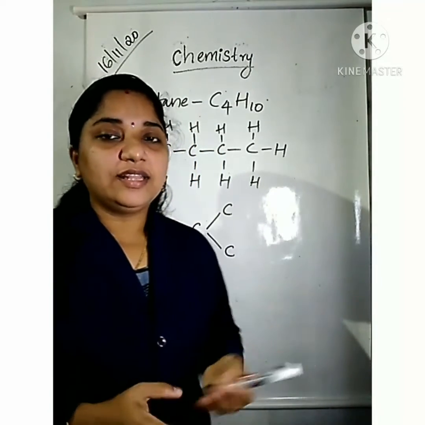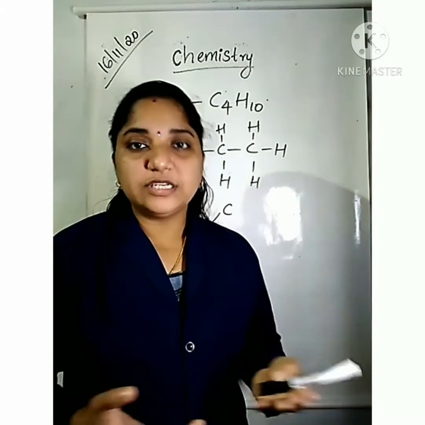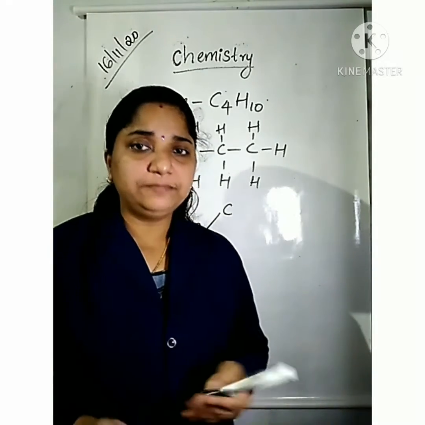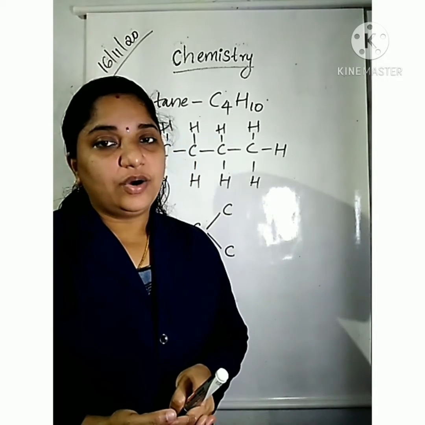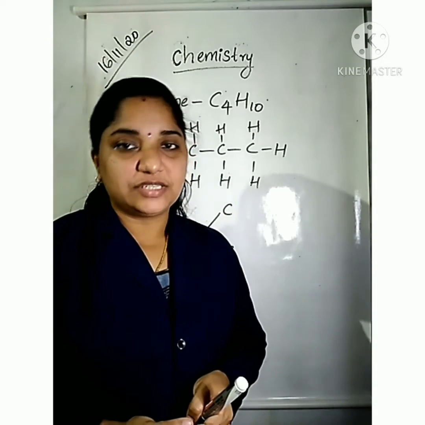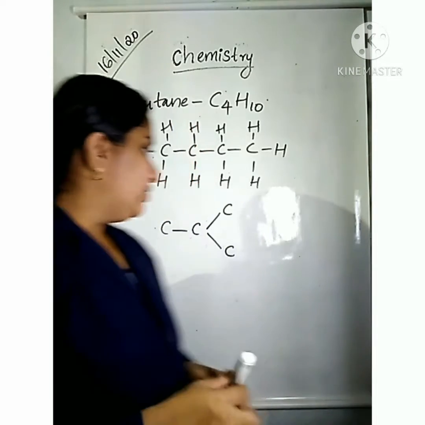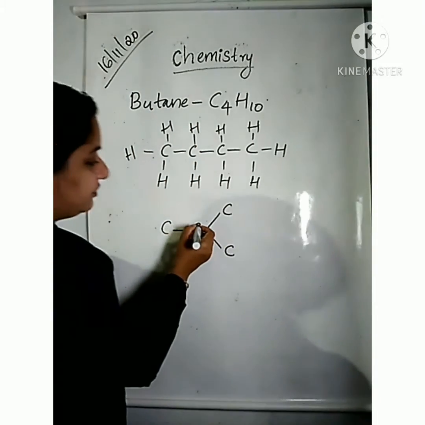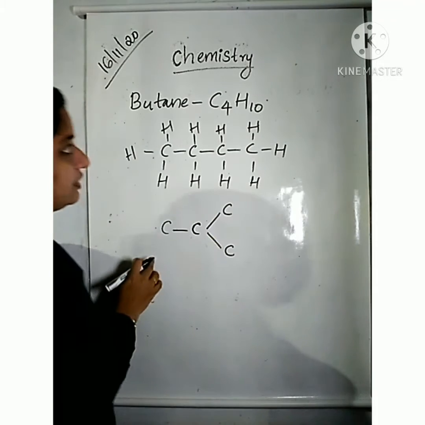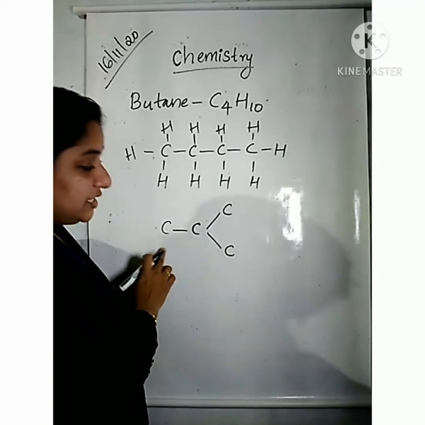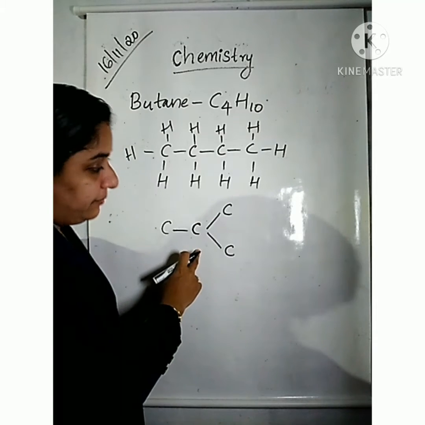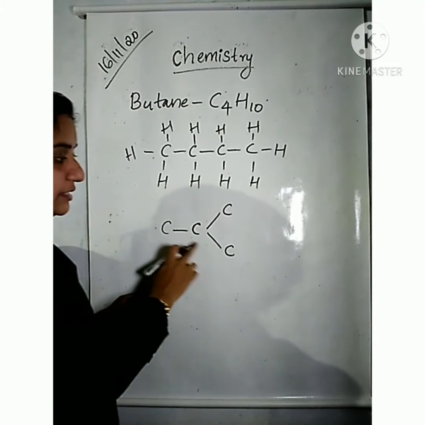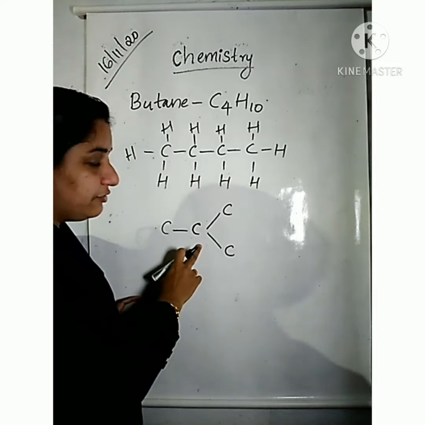In that way, they are able to make a large number of compounds, that may be straight chain, branched chain or ring structure. So, here we will draw the structure of butane. This way also we can represent the structure of butane. So the first step is over. This is the skeleton of carbon.